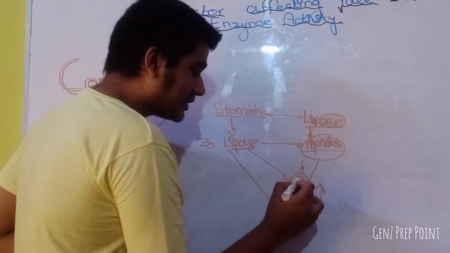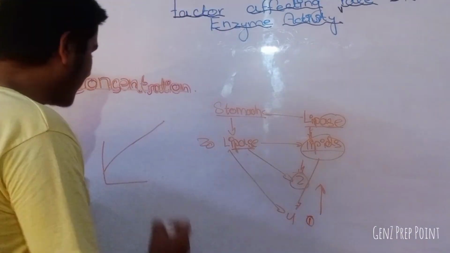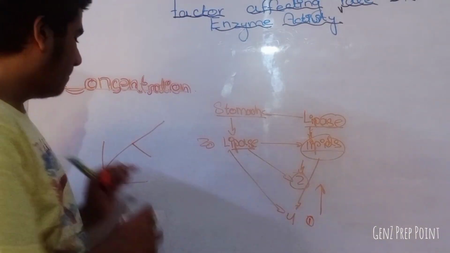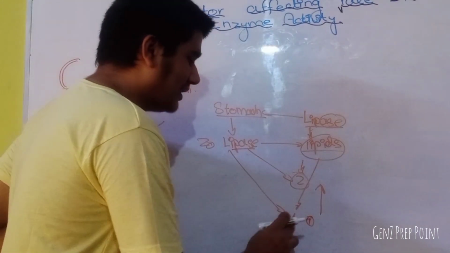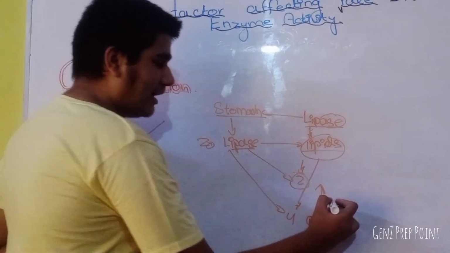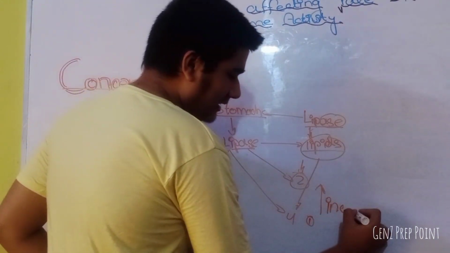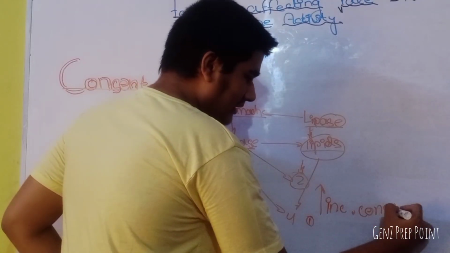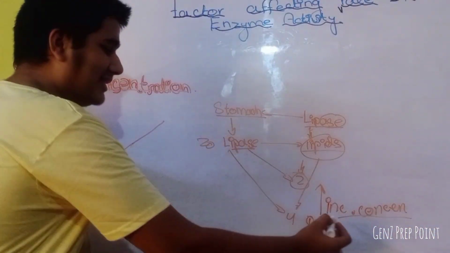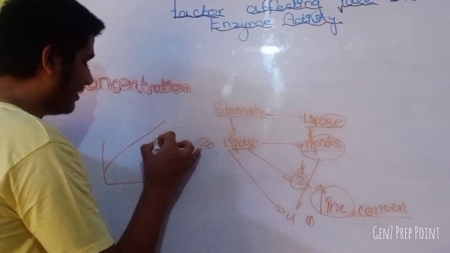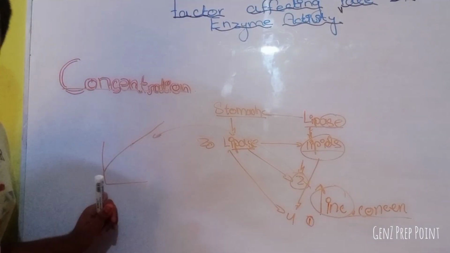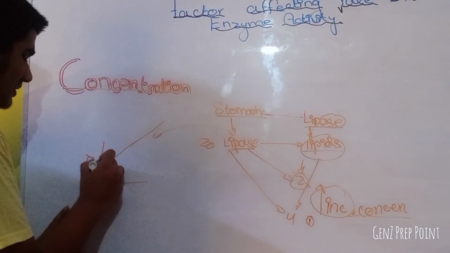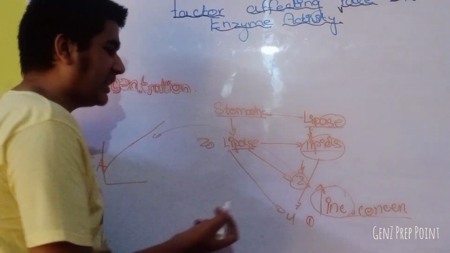If I drop this 2 to 1, the enzyme activity would have fallen. But I increased. So this is concentration. This increase in concentration resulted in an increase of enzyme activity. This is enzyme activity, EA.